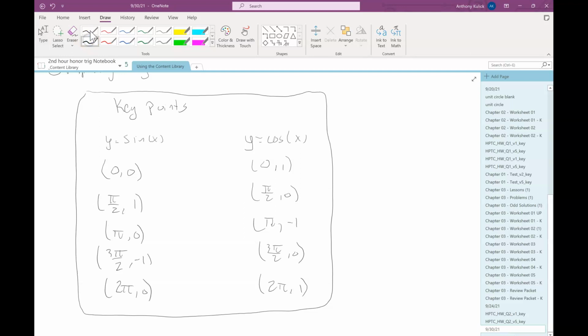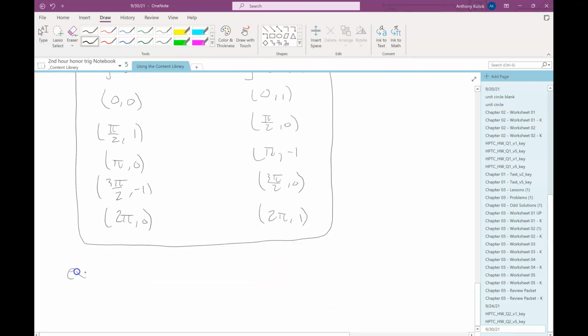Okay, so let's do an example here of doing this now. So let's say we want to graph, oops.